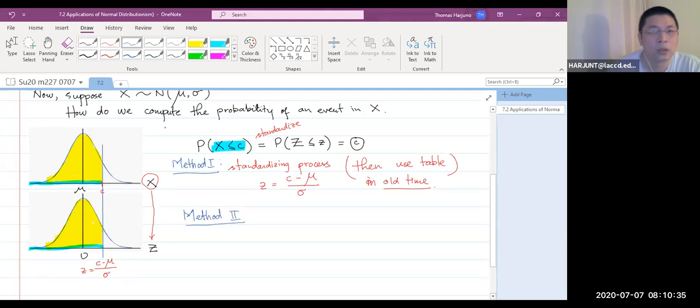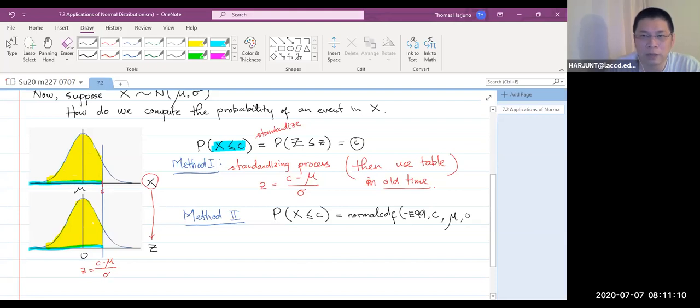The probability of the event X less than or equal to C is normal CDF, just like yesterday, from negative infinity up to C. The difference is that now, instead of the mean being 0 as in the standard normal distribution, the mean is mu and the standard deviation is sigma.